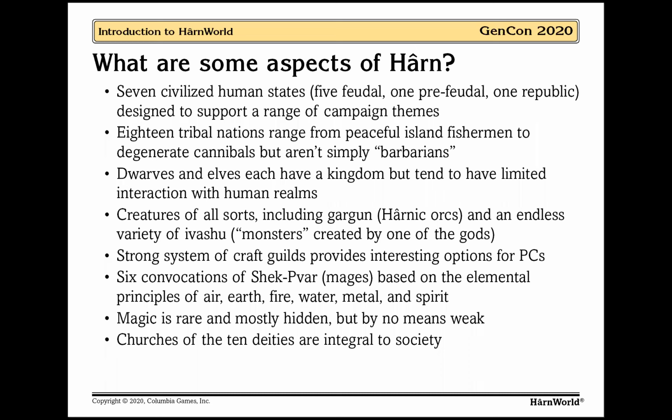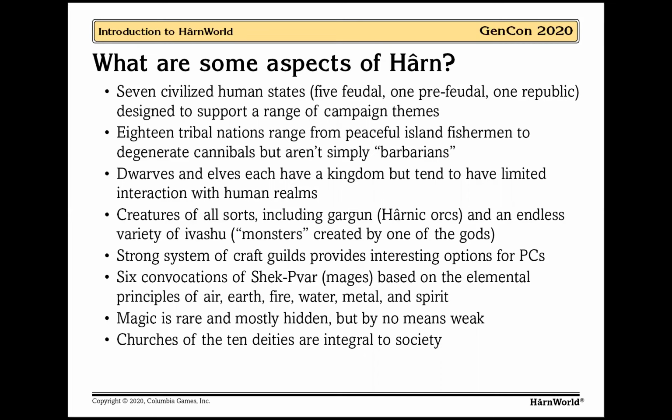So if you have a favorite monster in whatever bestiary or monster manual that you want to bring into the setting, you have the perfect rationalization for that. You can say, well, it is a creature of Ilvir.